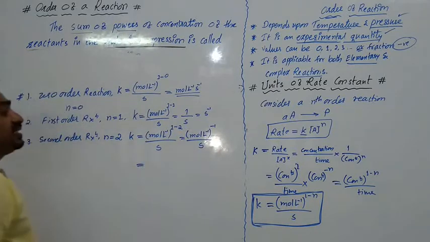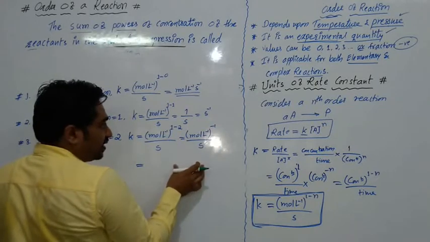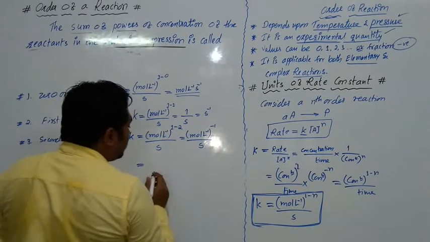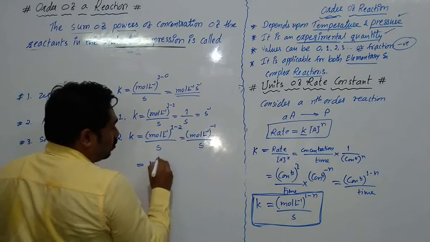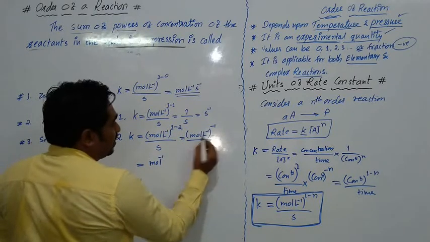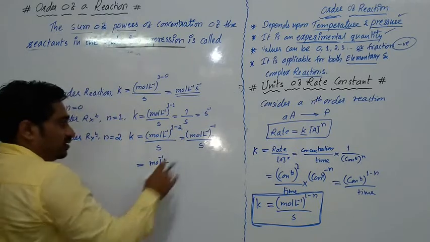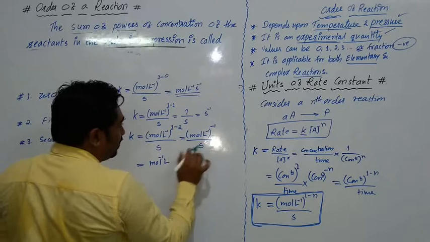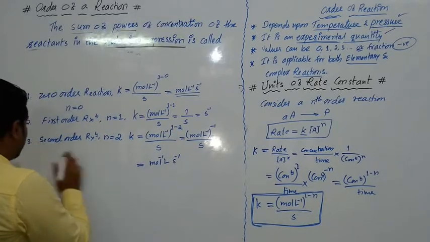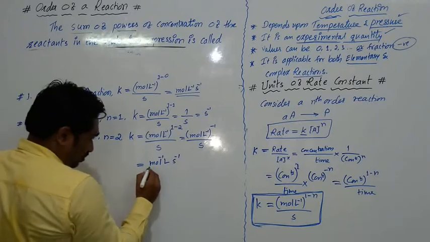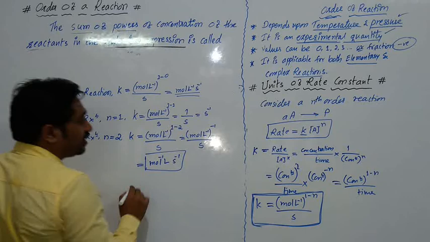Raised to minus 1 means it goes to the denominator. So you can directly take mole inverse, and the inverse of inverse is liter only, and this will be per second. The unit of rate constant for a second order reaction is per mole liter per second.